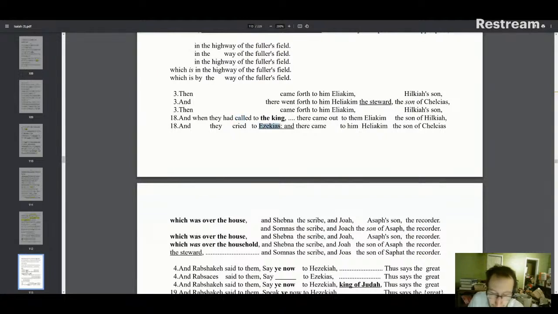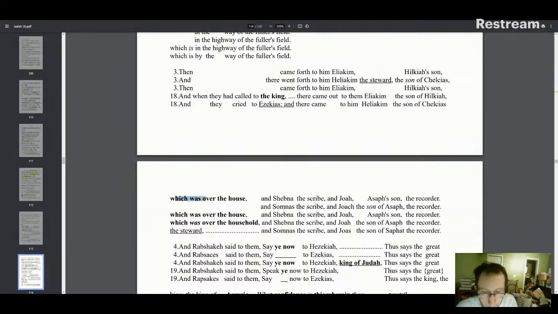So again, as I've said before, the preference is the more ambiguous thing over the name. A noun is preferred over the name. So "the king" is more likely to be the original text than "Hezekiah." A scribe would be like, okay, who's the king talking about? We want people to understand who the king is. It's Hezekiah. So they changed "king" to say "Hezekiah" in the Septuagint.